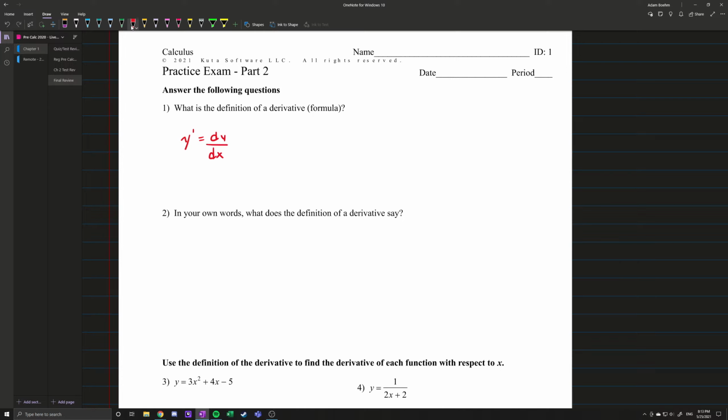You don't necessarily need each of those parts, but this is going to be equal to the limit, and we can use h to make it easier on ourselves, as h approaches 0 of f of x plus h minus f of x, all over h. So this is our definition of a derivative. What does this say? Well, we're taking the slope between two points that are infinitely close together. And what that gives us is an instantaneous rate of change.